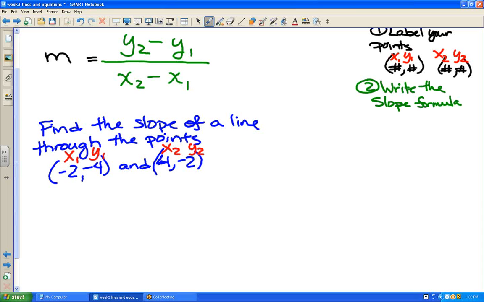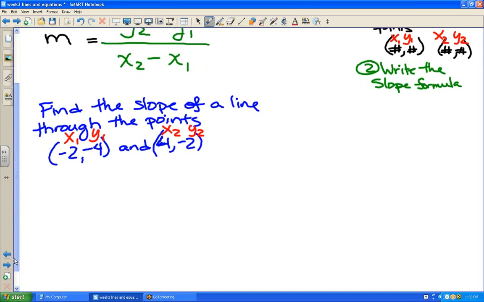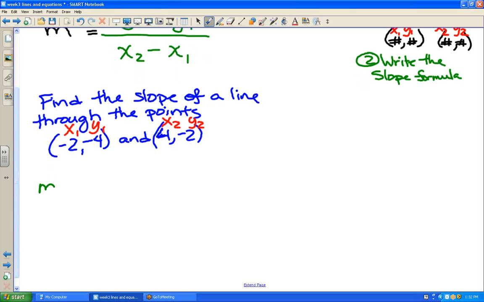Yet again, that seems to be something that people like to try to skip because you're like, I already have it written on the page. But if you write it right by your problem, there's less chance of putting something in the wrong spot or switching order or missing a negative sign. All of the things that are very easy, especially for me to do. y2 minus y1 over x2 minus x1.